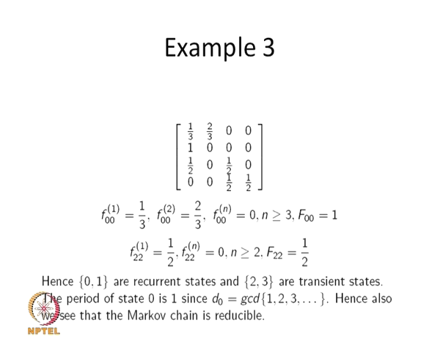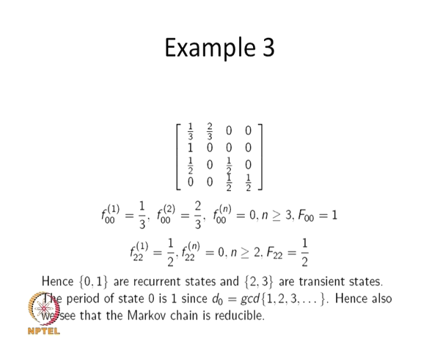Therefore, it can come back in 3 steps and 4 steps and so on. It need not be the first visit. Therefore, the GCD of 1 step, 2 steps, 3 steps and so on is going to be 1. That means it is an aperiodic state.